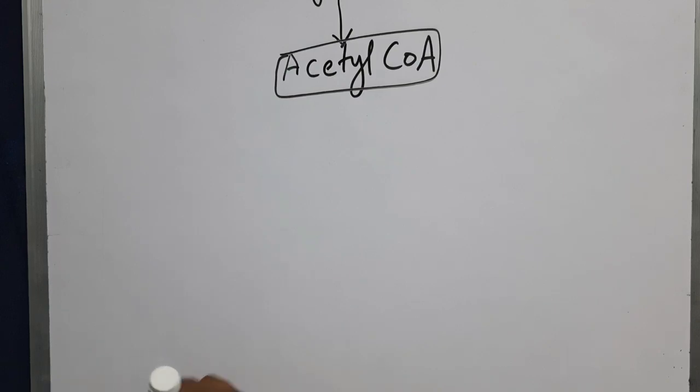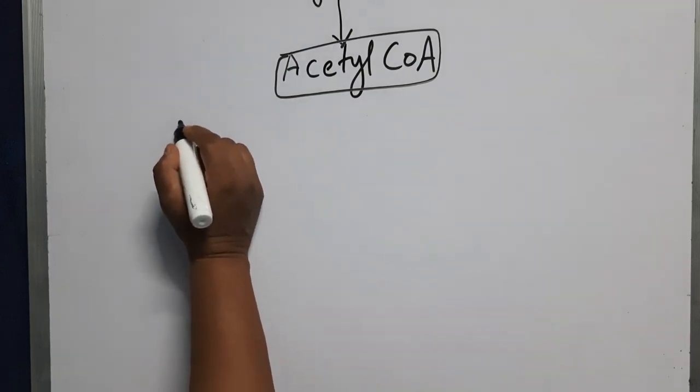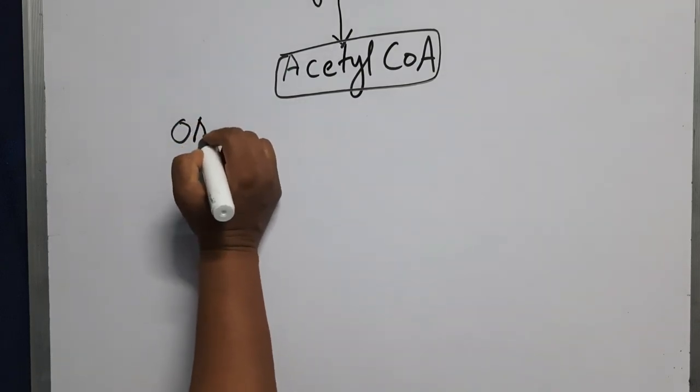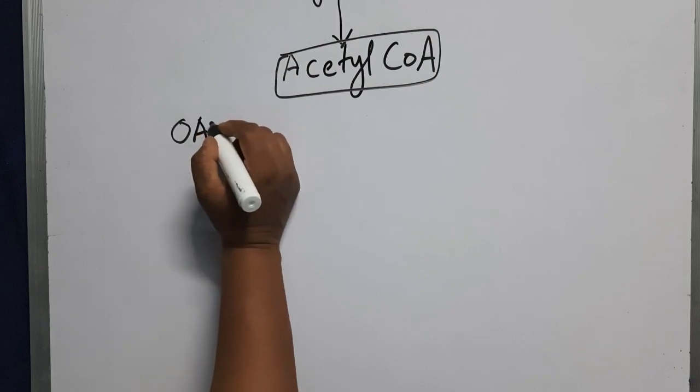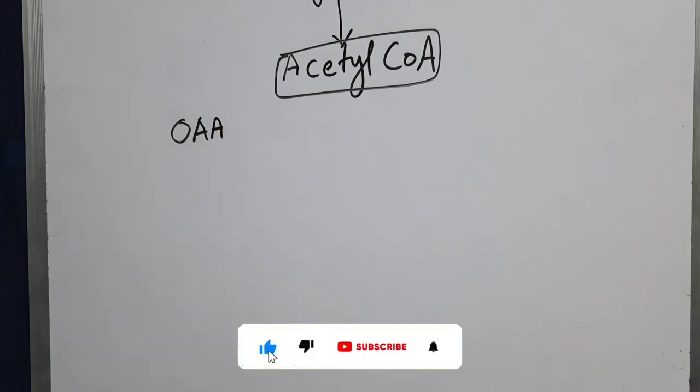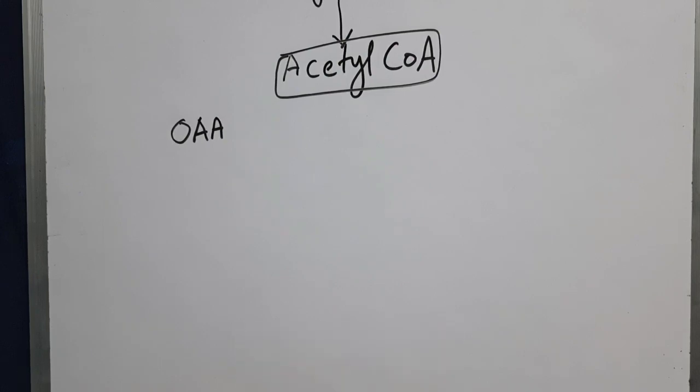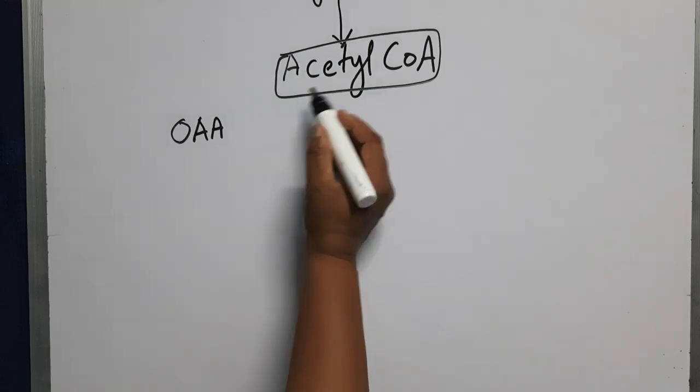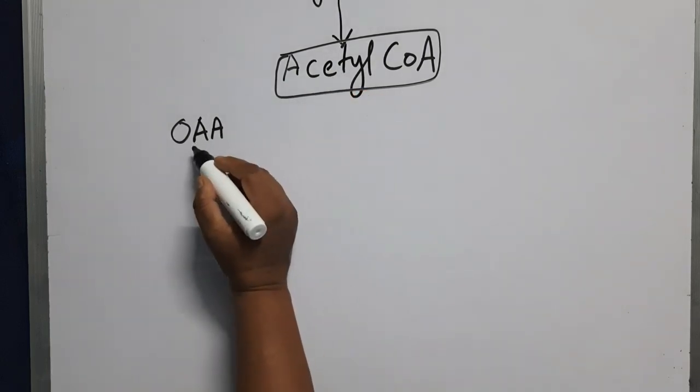This acetyl-CoA, to begin, will combine with oxaloacetate, or we can call it oxaloacetic acid. We have 8 enzymatic reactions in the TCA cycle. The first step is condensation of acetyl-CoA with oxaloacetate.